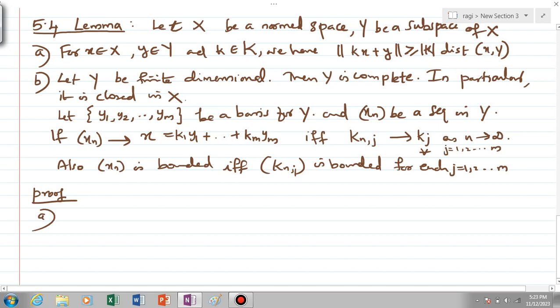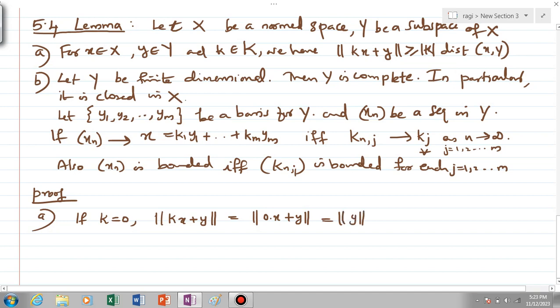If the scalar k is equal to 0, then the norm of kx + y is equal to the norm of 0·x + y, that is equal to the norm of y.